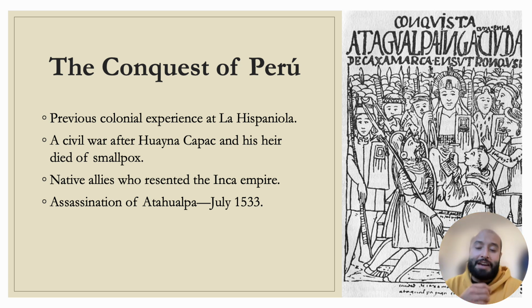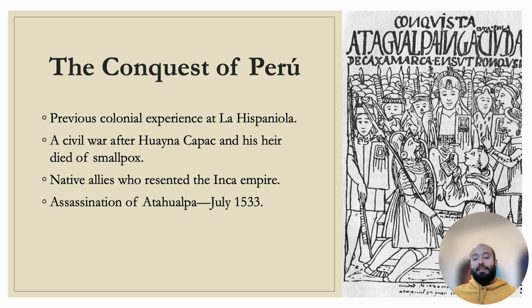And in the case of the Inca Empire, smallpox reached their country even before the Spaniards themselves. So one of the last emperors of the Inca Empire, Huayna Capac, died of smallpox around 1530, and his heir also died because of smallpox, right? So you have the dissolution of the most important part of the political power in this empire.